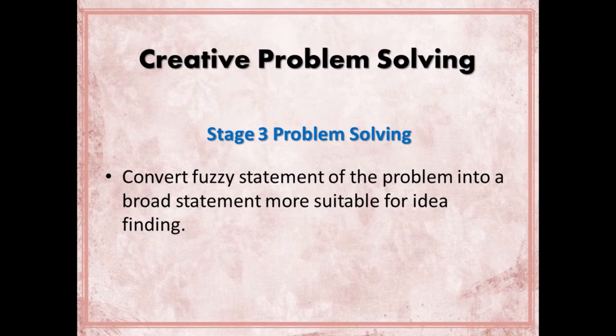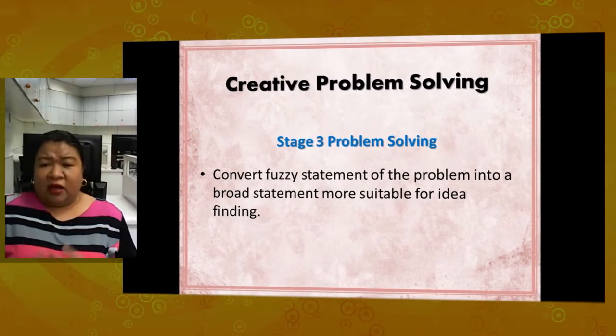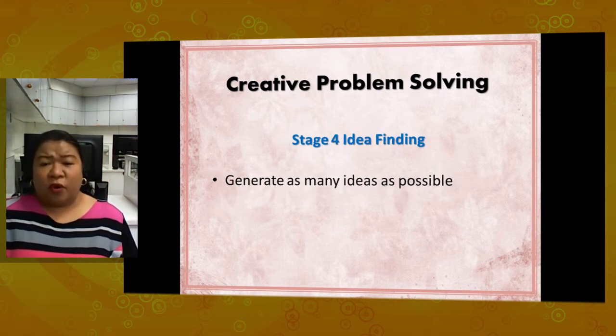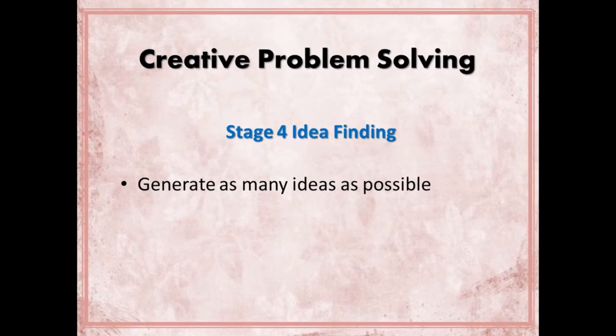So you convert fuzzy statements of the problem into a broad statement. You identify out of all of these, what is it that we need to solve? What is the real problem that we need to think about and find a solution for? And then in stage four, you generate as many ideas as possible.